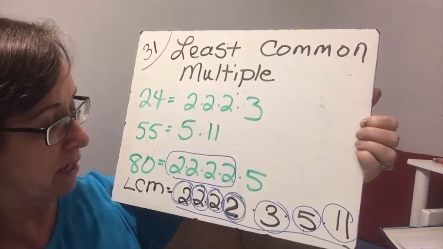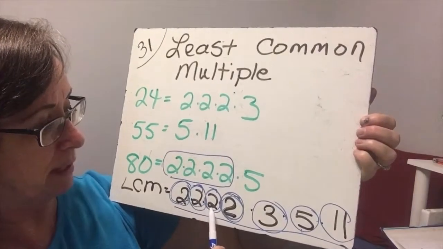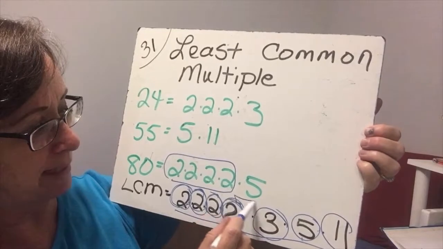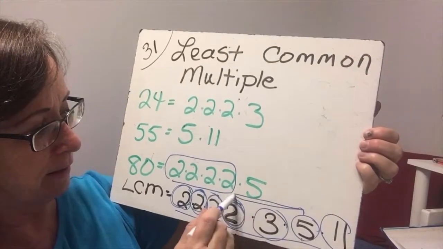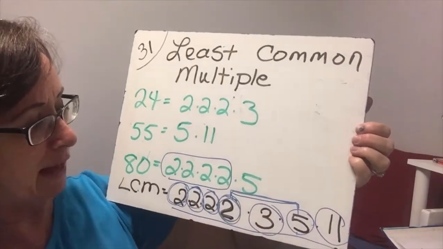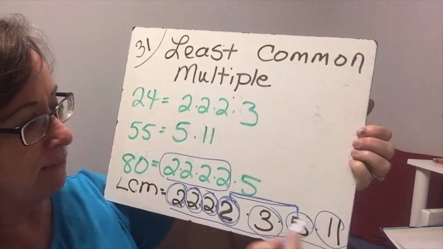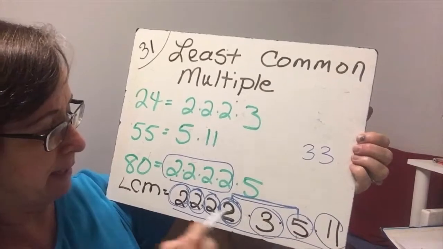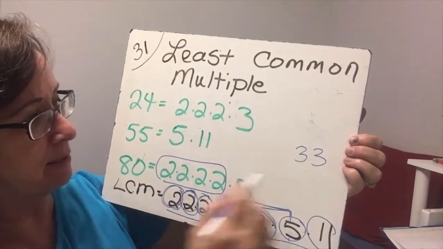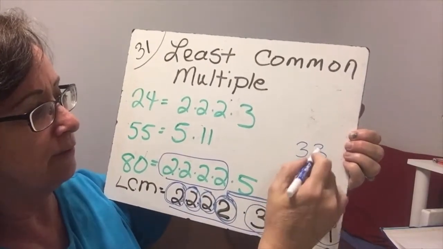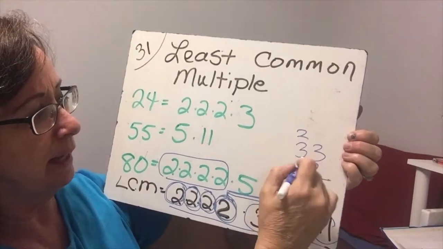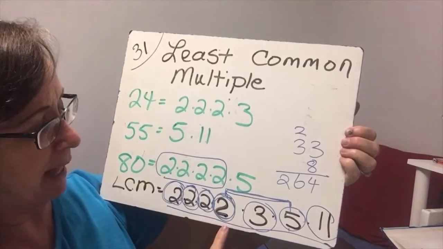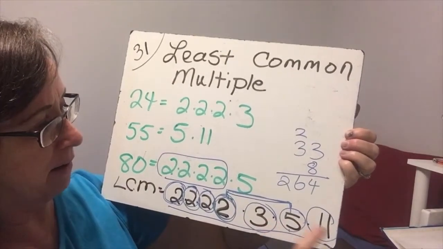Okay, well, I know that 2 times 2 times 2 times 2 is going to be, well, let's go ahead and join this. That makes that a little bit easier. Okay, so the 2 times the 5 will make the 10, and then the 11 times 3 will be 33. 33 times the 8, 2 times 2 times 2 is 8, will give us 264, and then I'm going to multiply that by our 10.